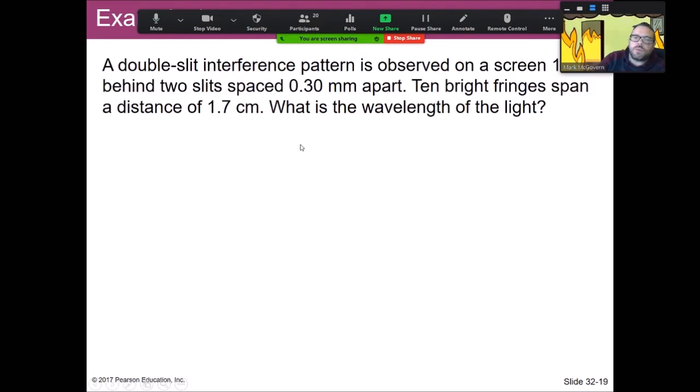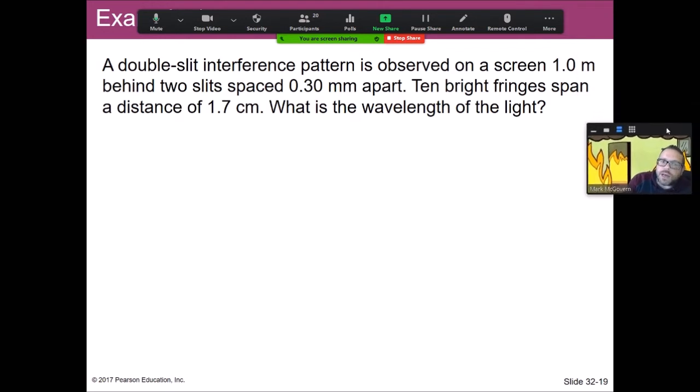All right, let's do this first problem here. A double slit interference pattern is observed on a screen 1 meter behind two slits spaced 0.3 millimeters apart. This is what I talked about earlier. This is over 3 orders of magnitude difference.